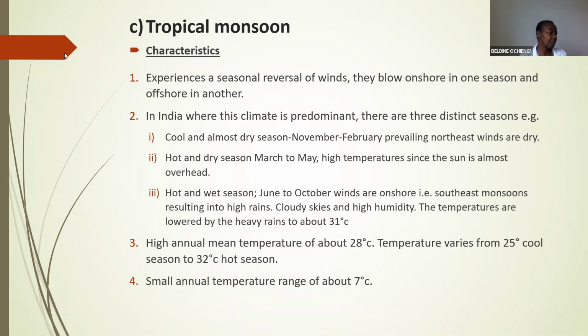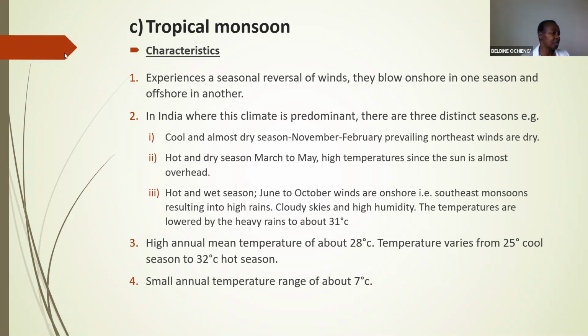The second distinct season here is hot and dry. Hot, dry is between March and May. High temperatures since the sun is almost overhead. The third distinct season in this region is the hot and wet season.